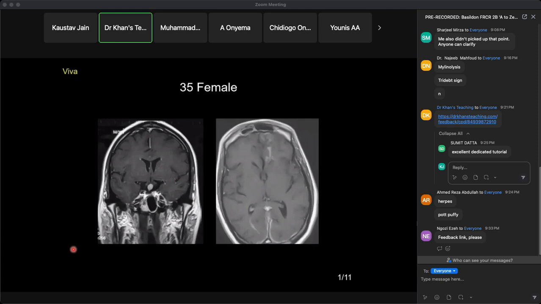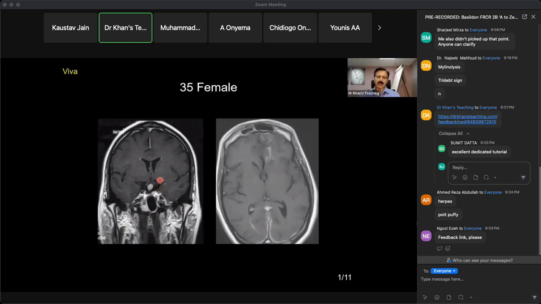I can also see an abnormally rounded enhancing lesion in the suprasellar cistern. Maybe it's an aneurysm.